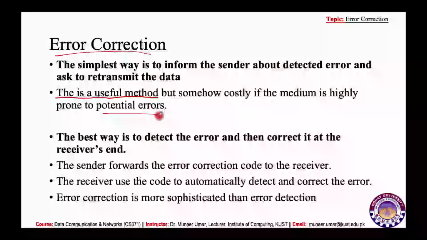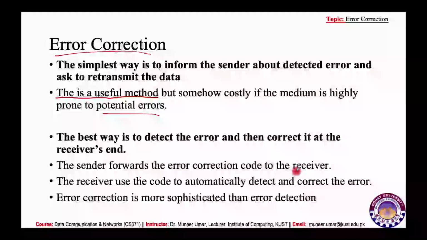Then the best way is to detect the error and then correct it at the receiver's end without informing the sender. The sender forwards the error correction code to the receiver along with the data. It is just like error detection, where we saw that some additional bits were sent with the data for the detection of errors.